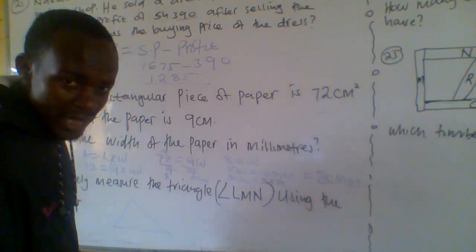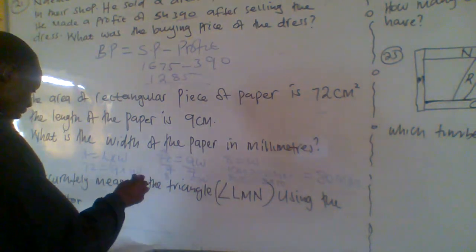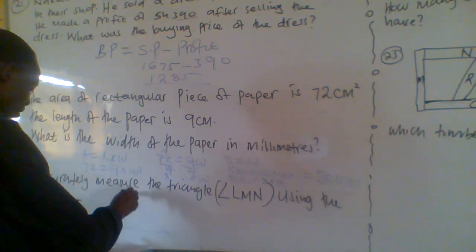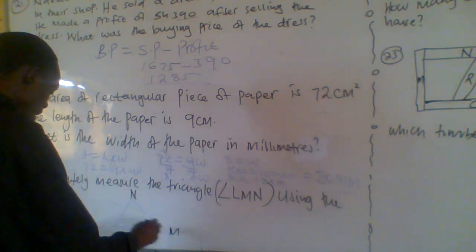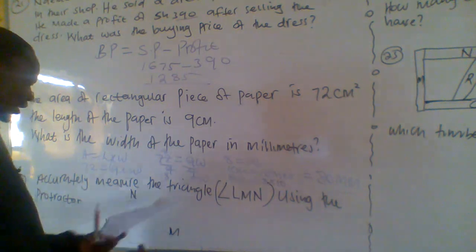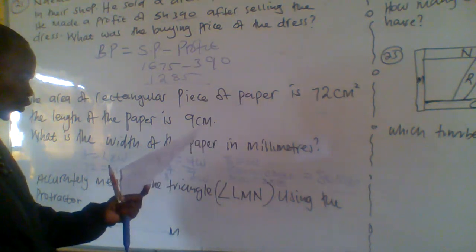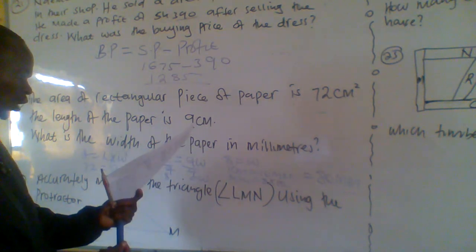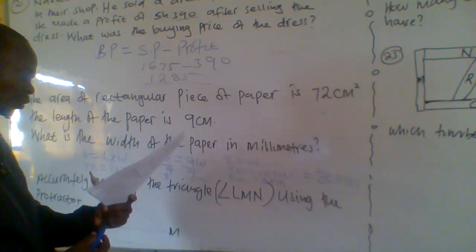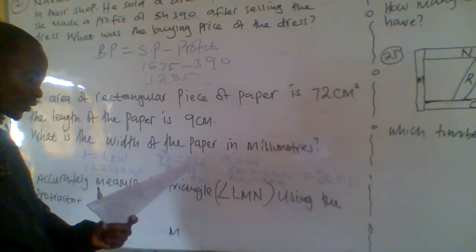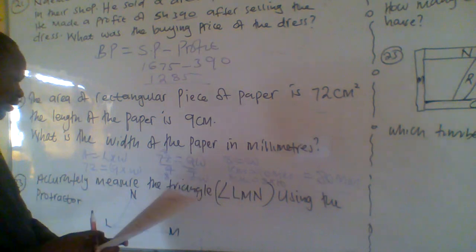This part is N, this one is M, and this one is L. They are telling us to measure angle LMN using a protractor. What is the size of angle LMN?